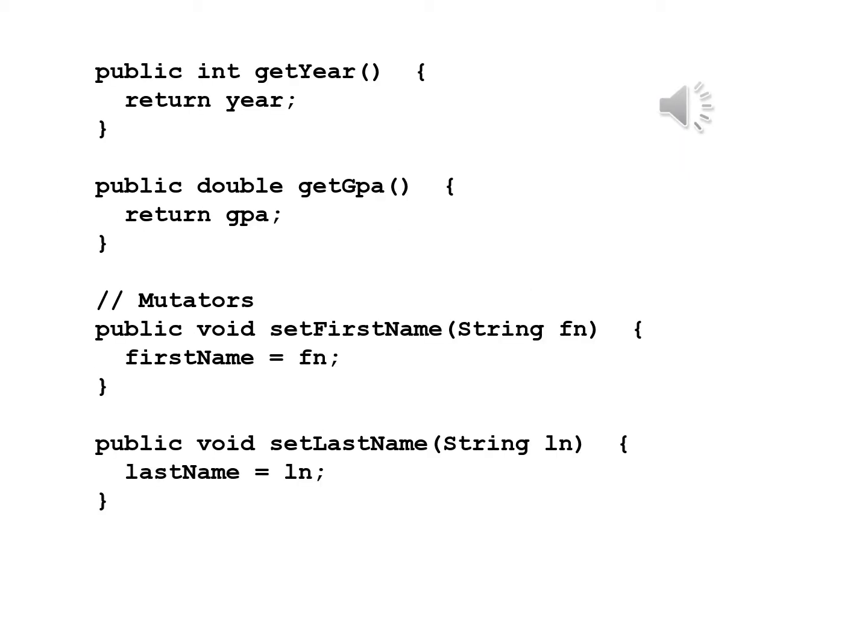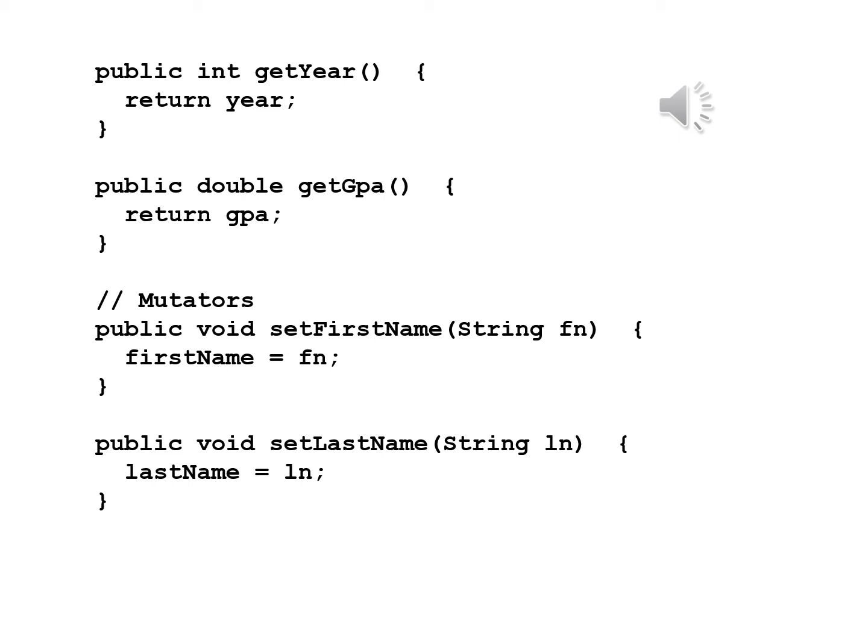The remaining 2 accessors are public int getYear, which will return year, and public double getGPA, which has the statement return GPA.